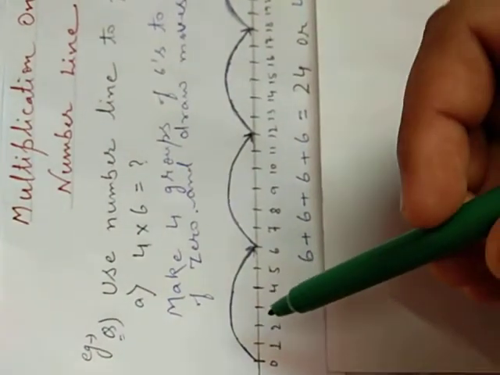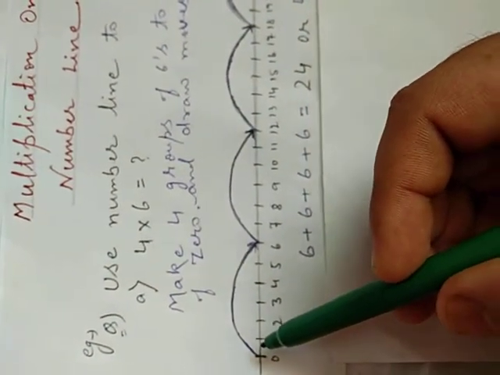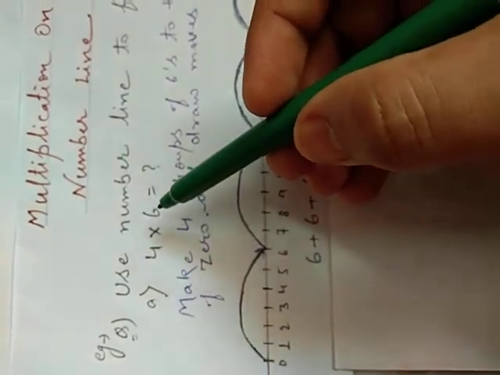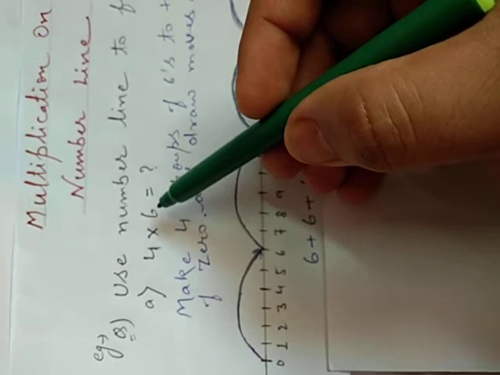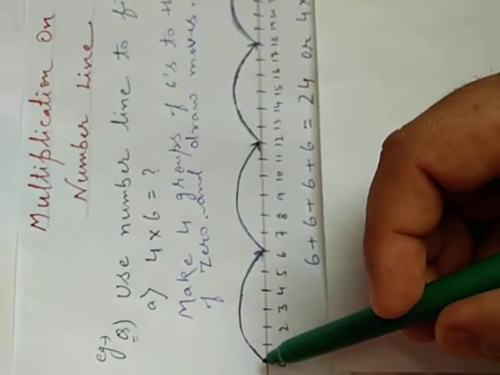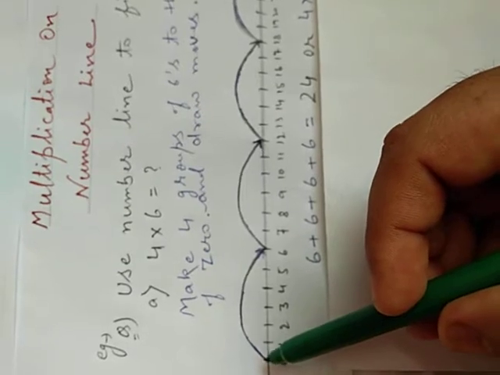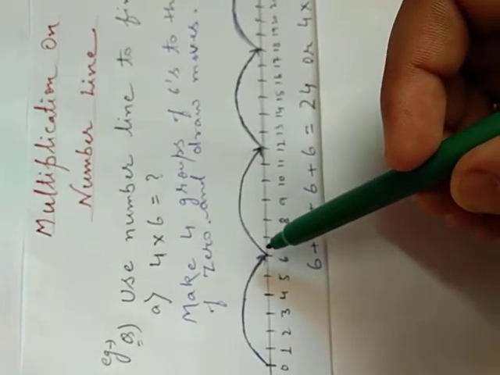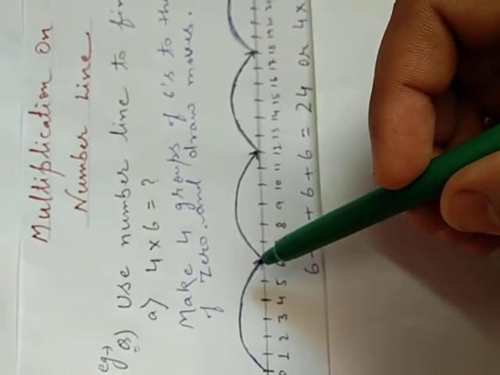On this number line we will start with 0 and count 6. So we will start with 0 and move on to reach 6. From 0 to 6, again we will move towards the next 6.